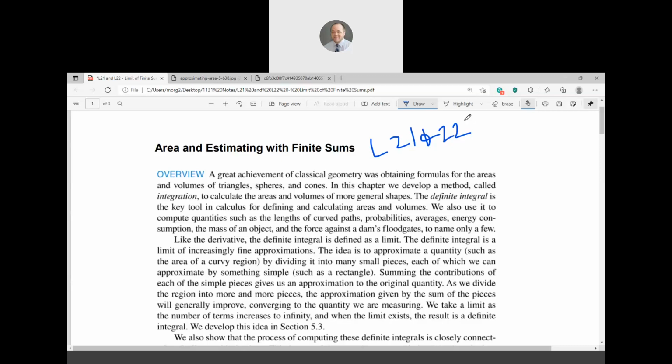So that is the layout of what we're about to discuss.